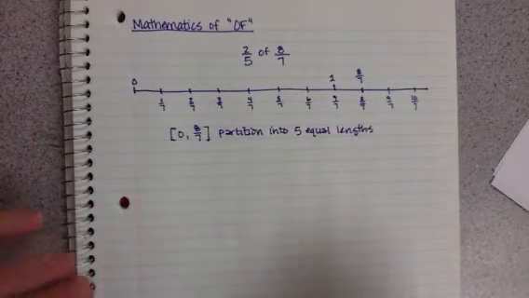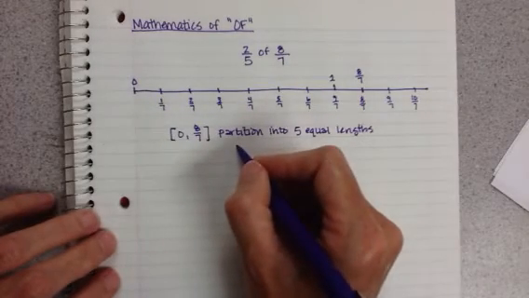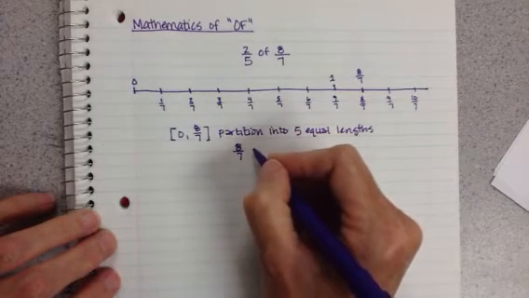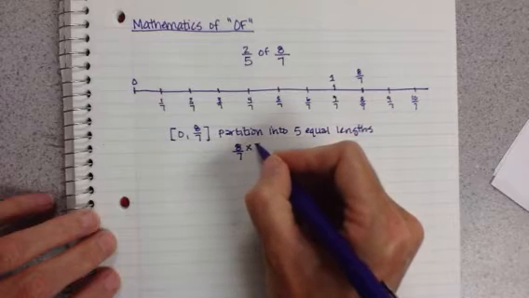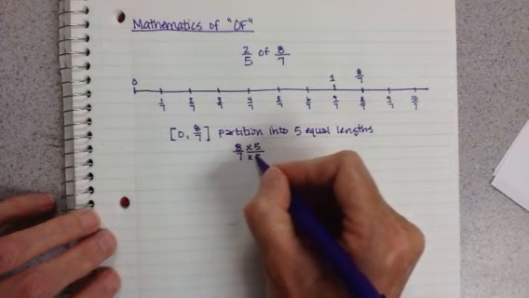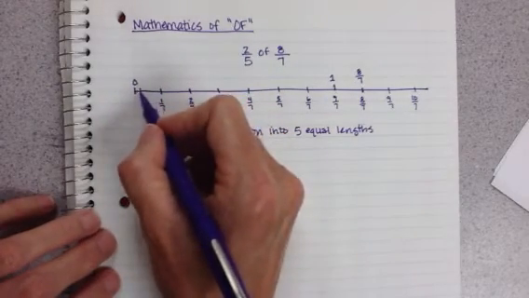So what we have to do is force the numerator. So we're going to take 8/7, and we have to partition it so that it can be divided by 5, or split into 5 groups, which means now we need to partition our segments into 5 equal segments.